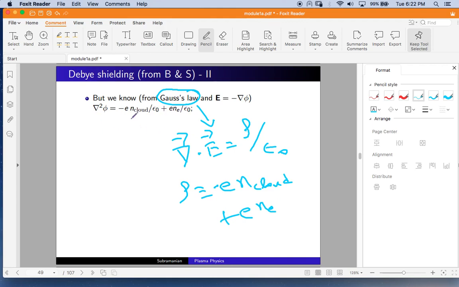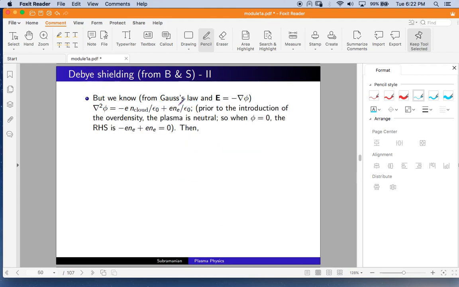Why is this positive? Well, because prior to the introduction of the overdensity, the plasma is neutral. What was the charge density when the plasma is neutral?